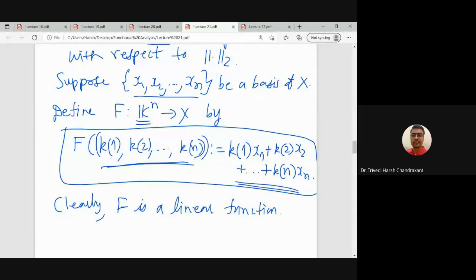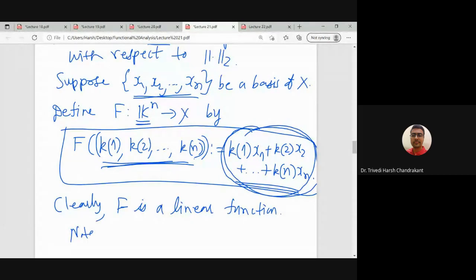So that means the right hand side is zero. What is the right hand side? That is a linear combination of x1, x2, ..., xn. x1, x2, ..., xn are basis elements, right? So if any linear combination is zero, that means each coordinate is zero. That means k1, k2, ..., kn are all zero, right? And that means this vector is zero. So the elements for which f of that element is zero, that is only the zero element. Therefore, the kernel of f is zero.